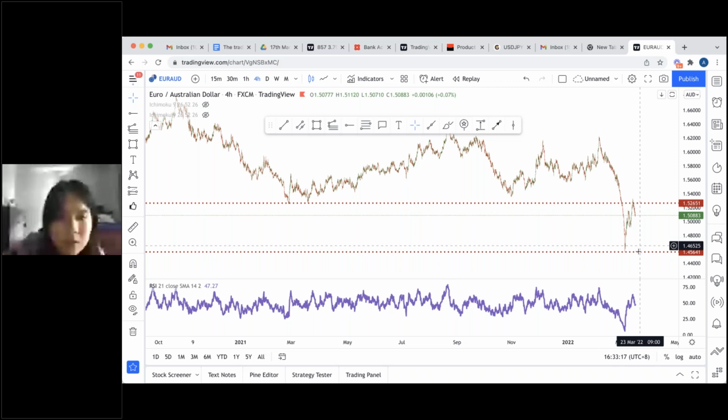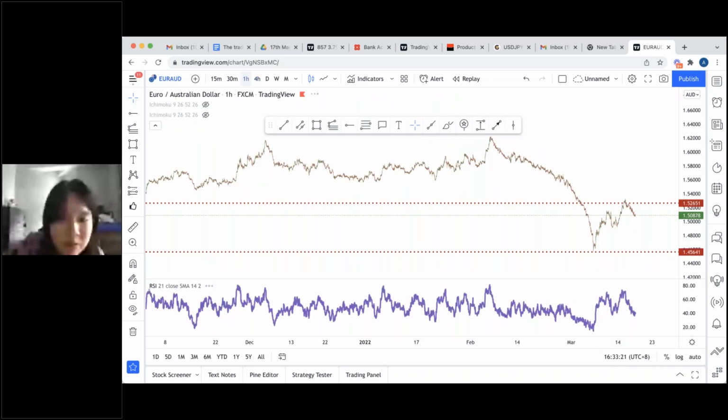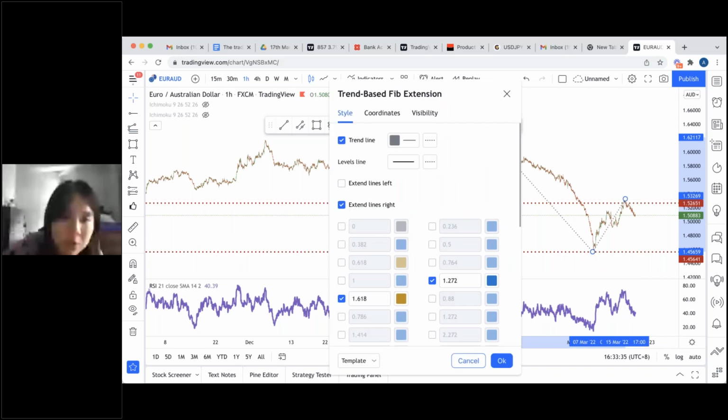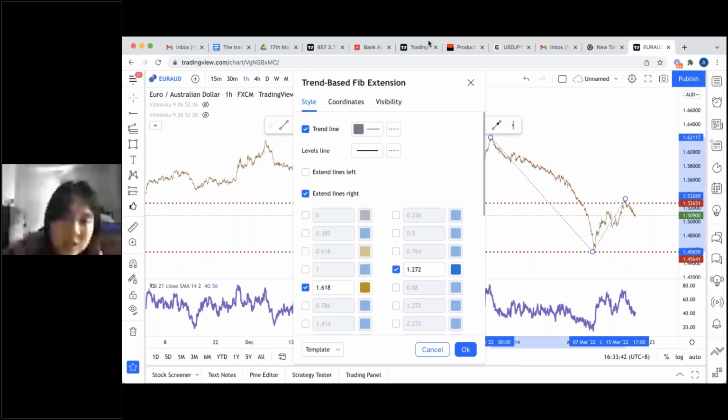Personally, I'm on the fence on this one because there's no clear chart pattern and no clear trend line. It seems to have reacted off the resistance already. If we were at this resistance, I would say go for a short because it was support turned resistance. But right now the reaction has already happened, so I will not go in on this trade.